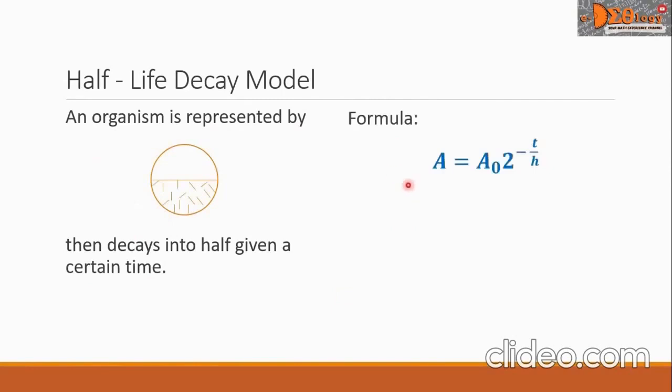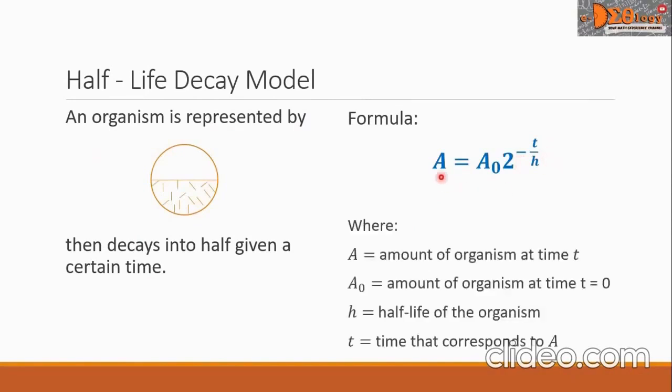We have a formula which is A equals A sub 0 times 2 raised to negative of fraction T over H, where A is the amount of organism at time T. This A sub 0 is the amount of organism at time T equals 0.